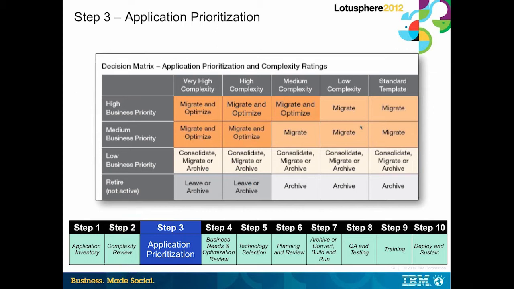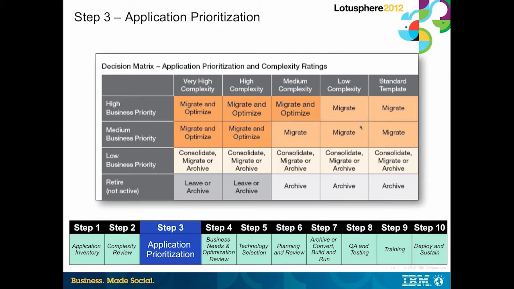We just put out a table here on the decision matrix, and again, a lot of this is in significantly more detail inside of the white paper. If you have a very high complexity application, and it also falls into the high business priority, the first two rows of that decision matrix, say an application that's been sitting in the Notes client space, used by everybody in the organization, so it has a high business priority, but it also has a lot of moving parts.